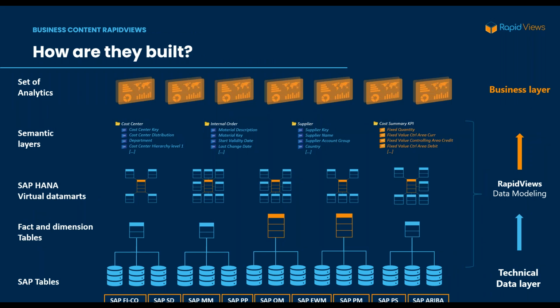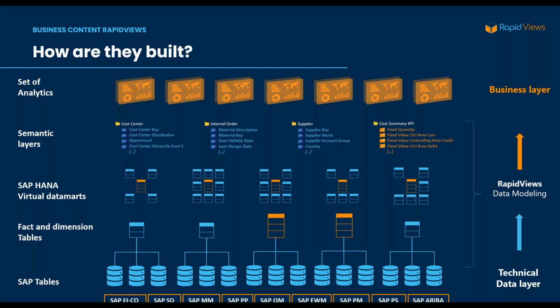The content is built directly on the SAP tables. We retrieve all the principal elements, objects, measures, KPIs, and filters from SAP, and we build fact and dimension views on top of these tables, and after we build virtual data marts with a semantic layer.